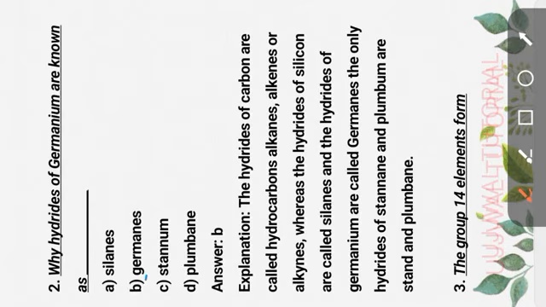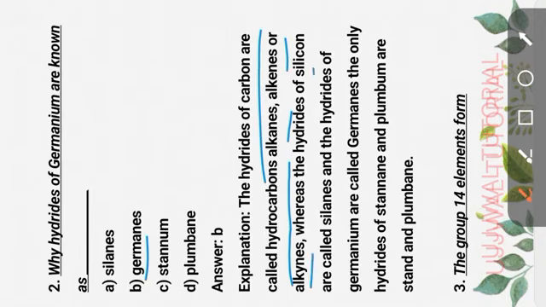Germanes. To explain, the hydrides of carbon are called hydrocarbons: alkanes related to single bond, alkenes related to double bond, and alkynes related to triple bond.